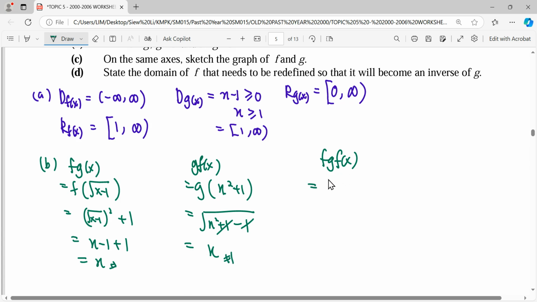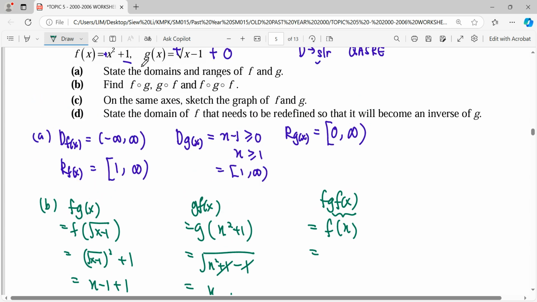So finally, gf(x) maps back to x. Lastly, we just need to find f(x) only. So f(x) equals the square root of the quadratic x squared plus 1.